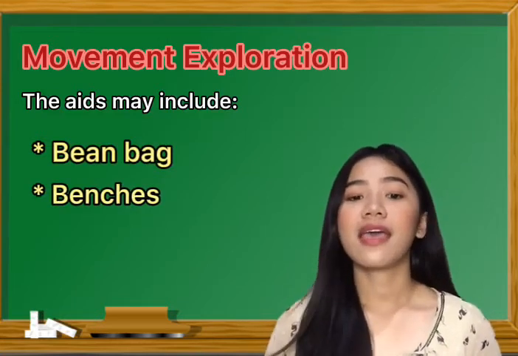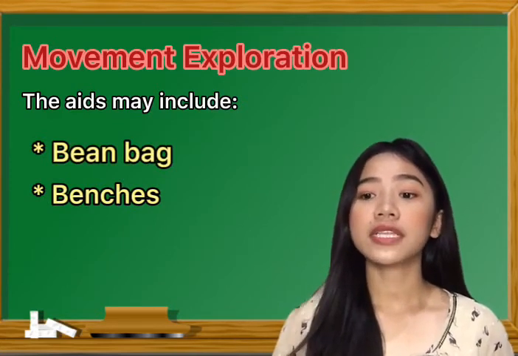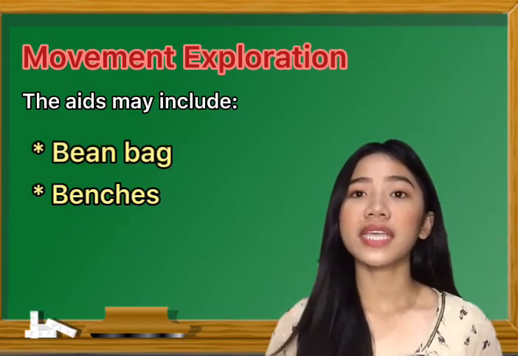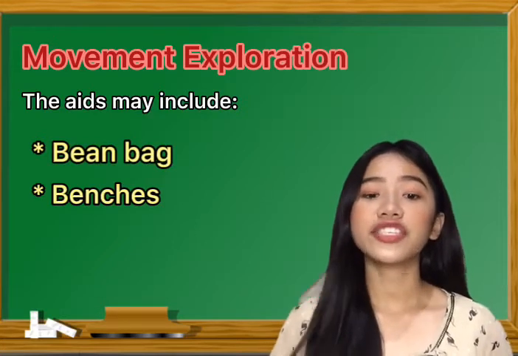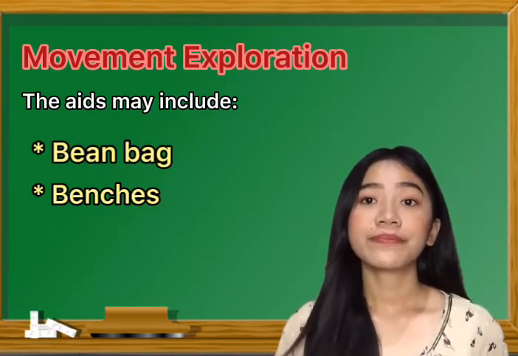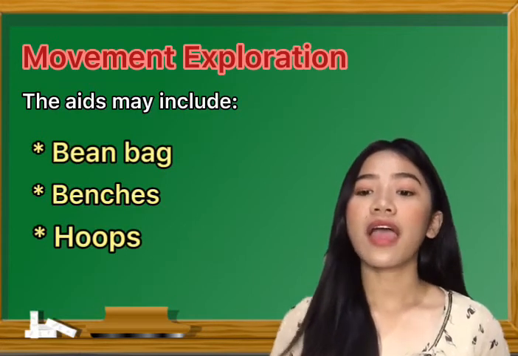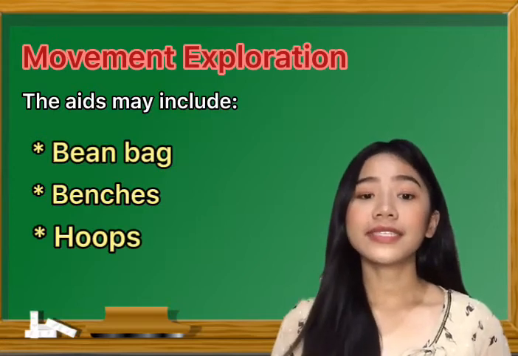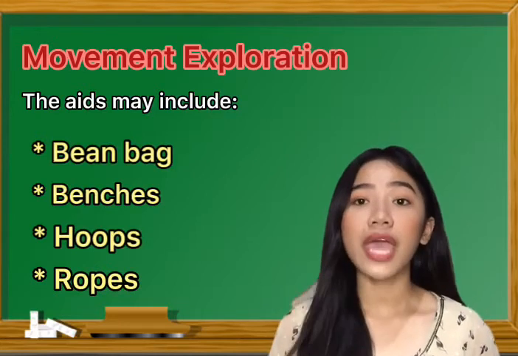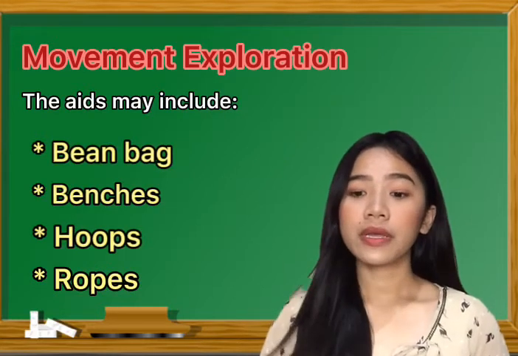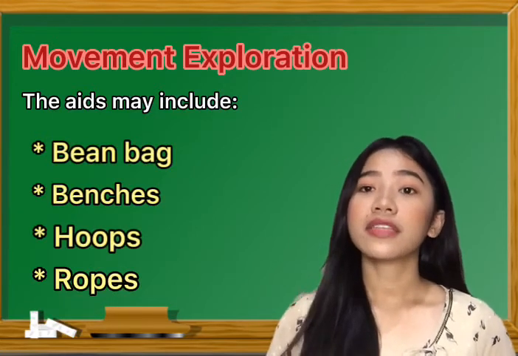Next, benches. Have the students crawl and then walk forward across the bench and then sideways and backwards when they are comfortable. Later, they can jump on and off the bench. Next, hoops. Have the students circle the hoops around their arms, legs, and bodies. And lastly, ropes. Have the students practice jumping rope. They can also practice making different shapes with the rope.